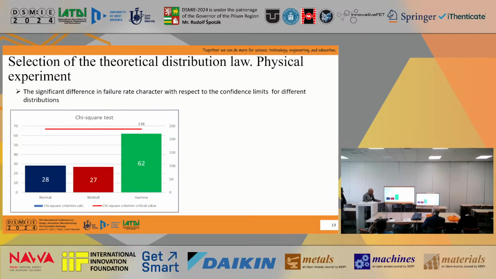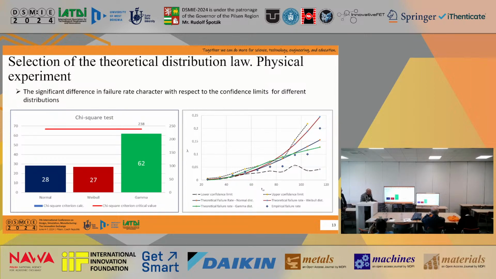But based on this criterion, for all these laws there is a significant difference in failure rate, and we see an absolutely different character of failure rate inside the confidence limits.